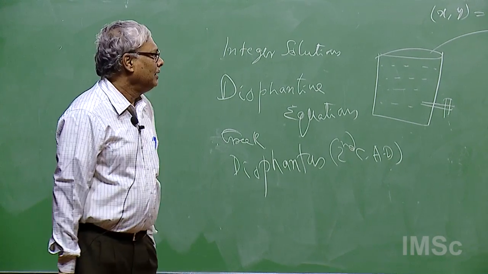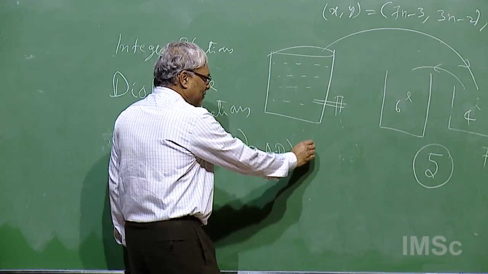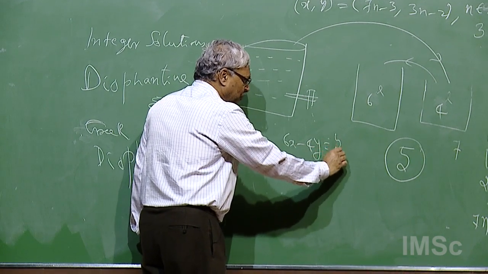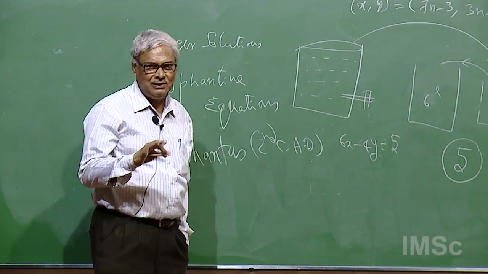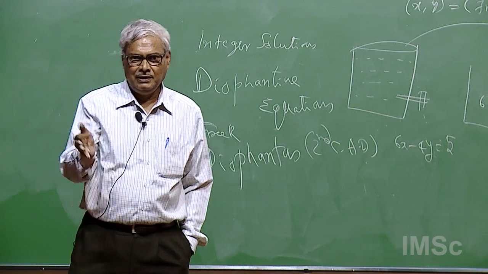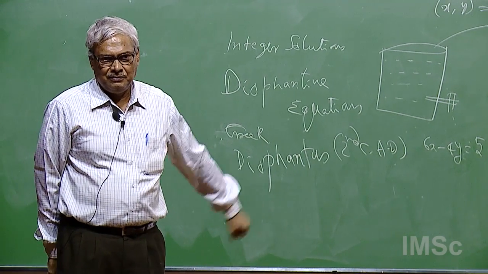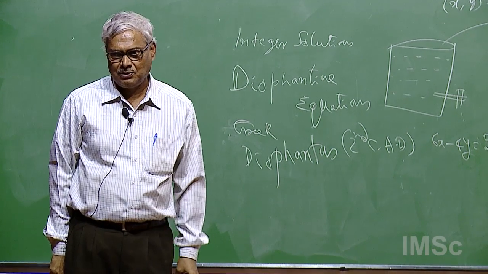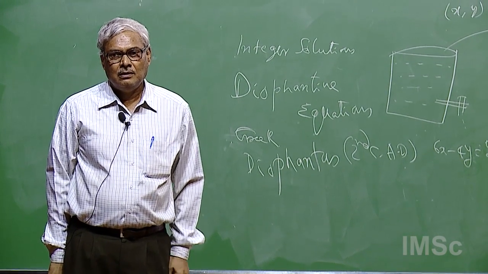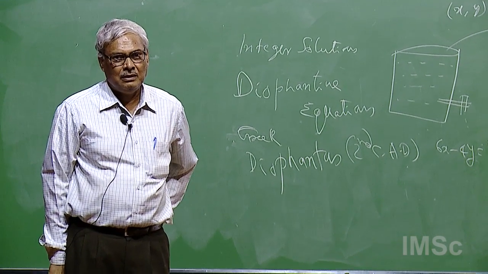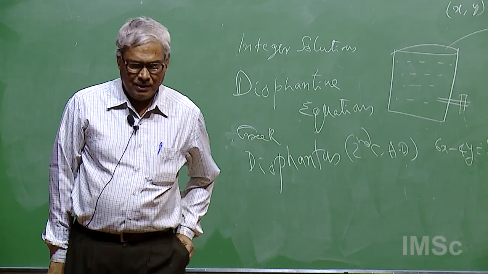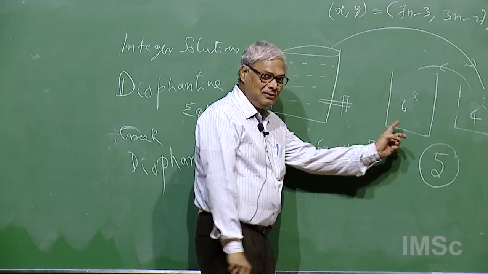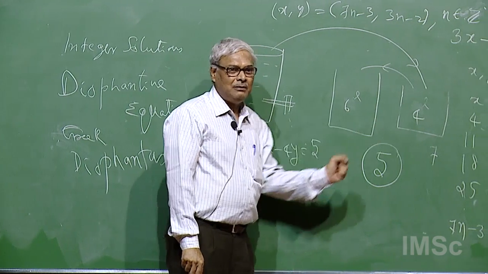So the equation that is going to be solved is 6x minus 4y equal to 5, or 4x minus 6y equal to 5, depending on the direction. So what do you think of this equation about having positive integer solutions? It's not possible, exactly, because both are even numbers.